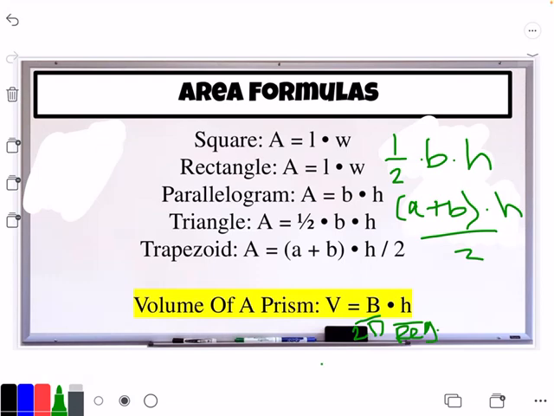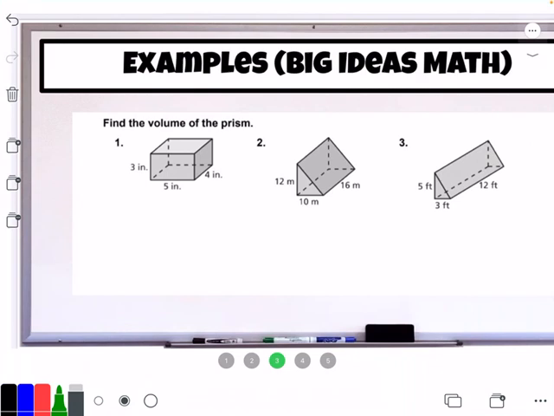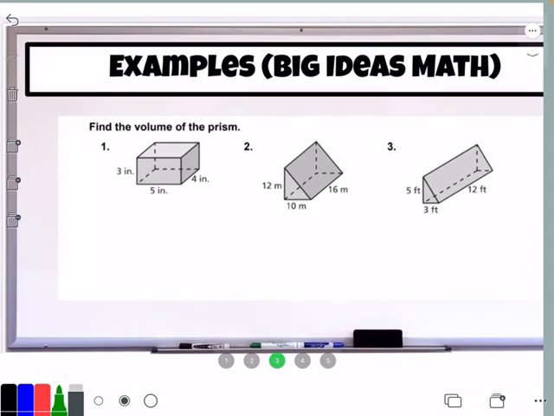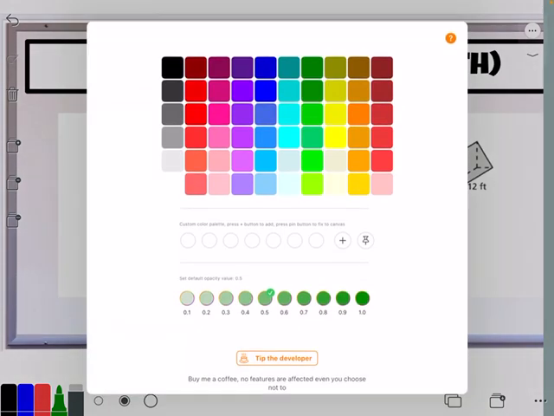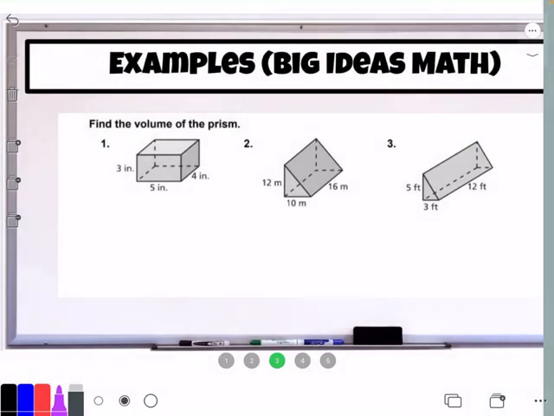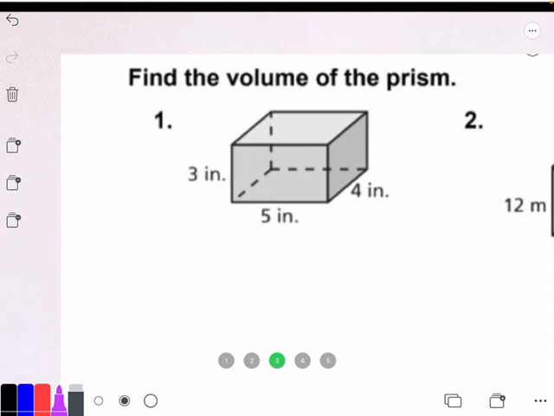Let's take a look at some examples. These examples are from Big Ideas Math, their worksheet. So for number 1, find the volume of the prism.